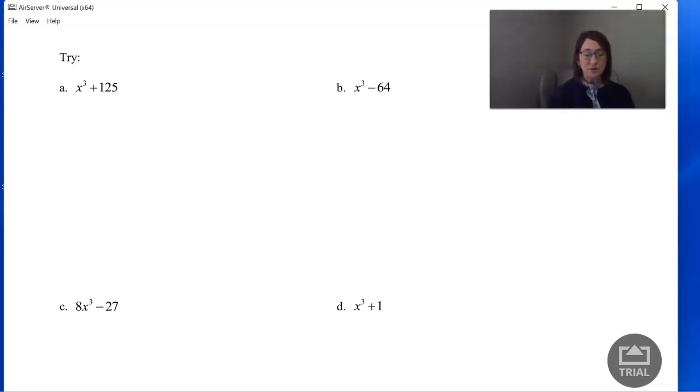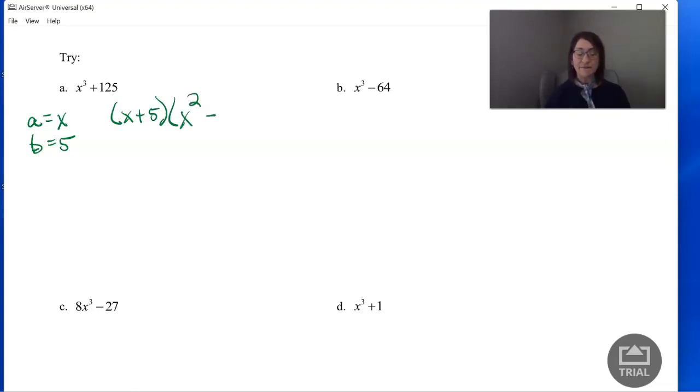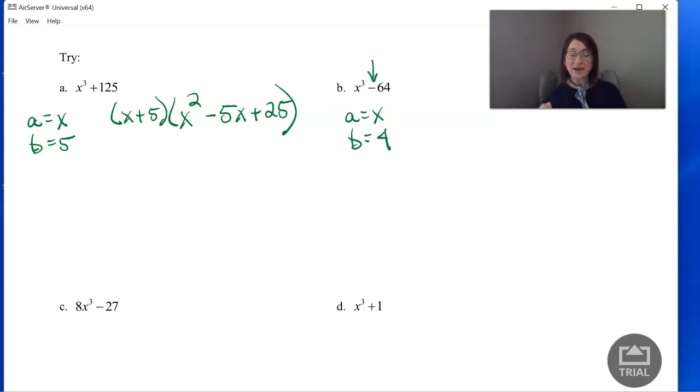All right. So for this first one, our a is x, our b is 5. And so we get x plus 5, x squared minus 5x plus 25. For this next one, b, our a is x, our b is 4. This one is subtraction.